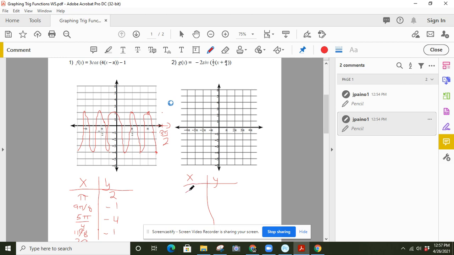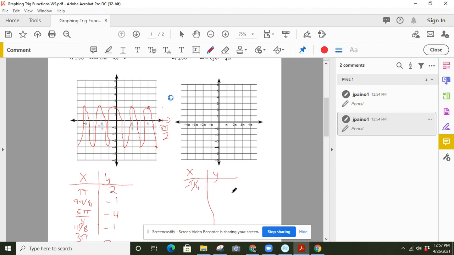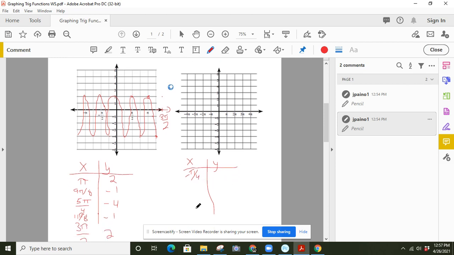So I've got negative pi fourths, and then the period is 4 pi, so if I add 4 pi to that, that's going to get me to 3 3/4 pi. Okay, so if I write that as an improper fraction, that is 15 pi fourths.